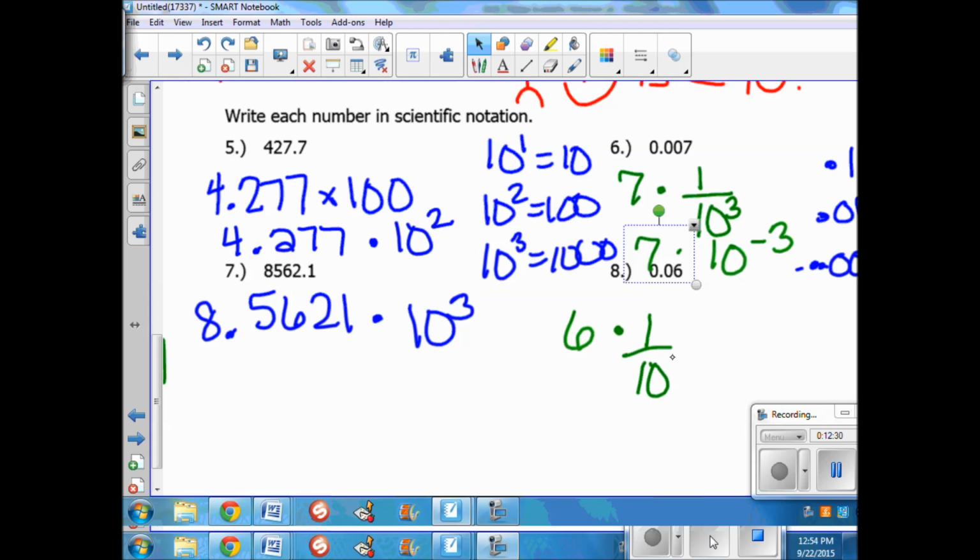So 6 hundredths, 1 divided by 10 to the second power. So 6 times, now we've got to flip that, times 10 to the -2. Okay? So those are our numbers written in scientific notation.